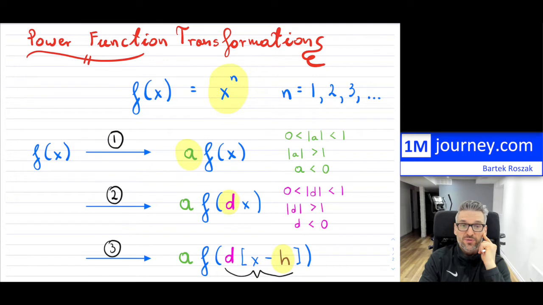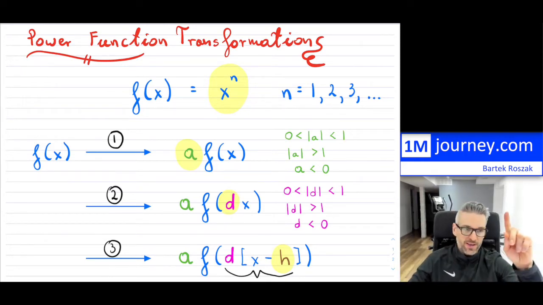If you go from x to the 3, x to the 5, x to the 7, when they're all odd, they look very similar. And when they're even, so x to the 2, x to the 4, x to the 6, and so on, again they look very much the same. I'm just going to show you that. You've seen it in the previous video on power functions. I'll put up a link to those power functions, but let me show you again.